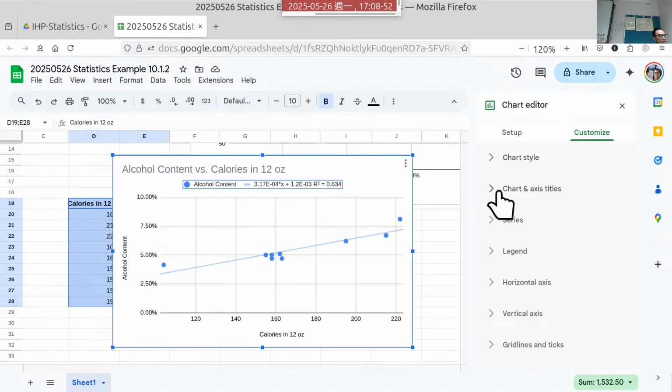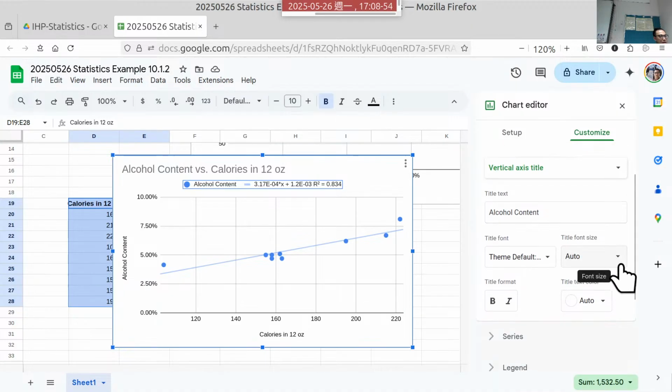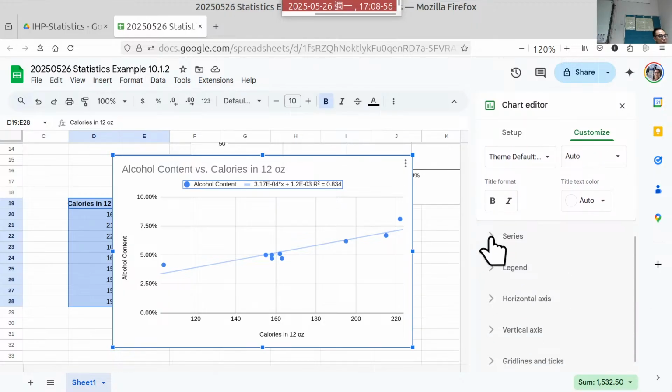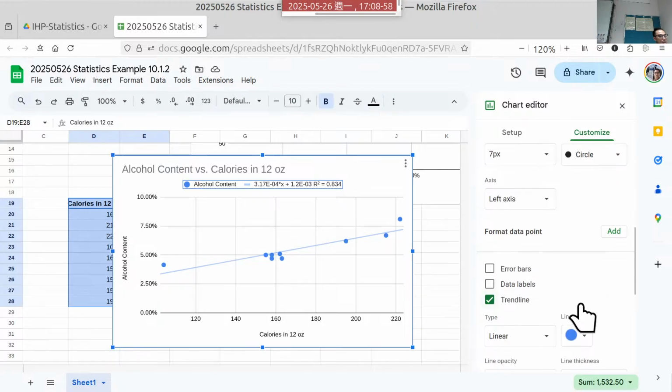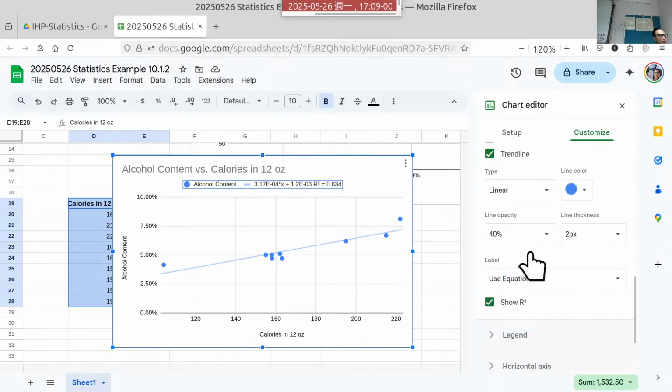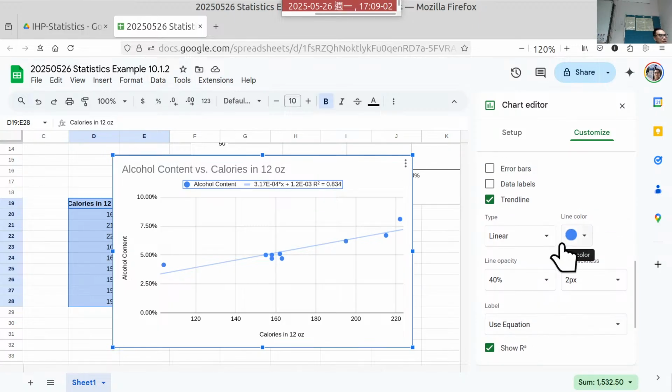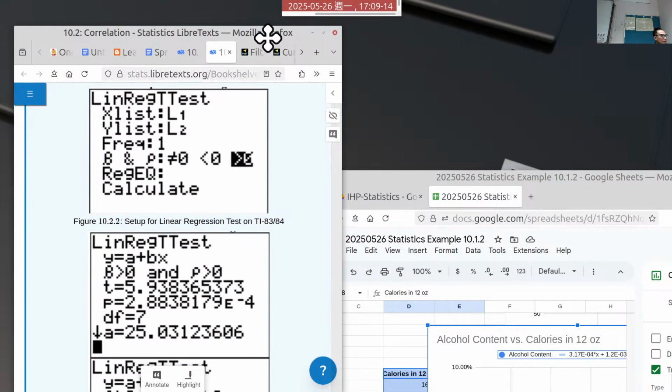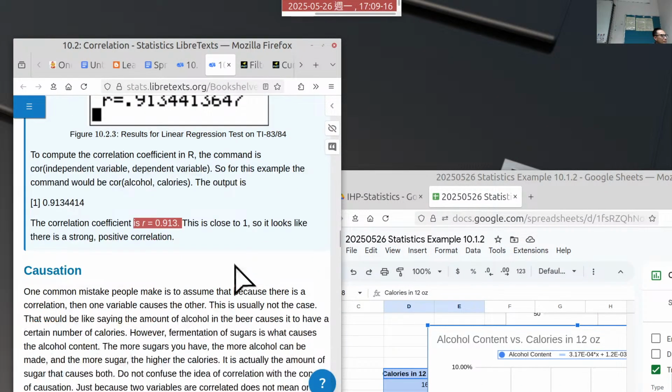Chart, okay. Axis, alcohol content, series. Here, trace line and check the R square. We got the R square is 0.834, and the square root of it is 0.91, like this one.